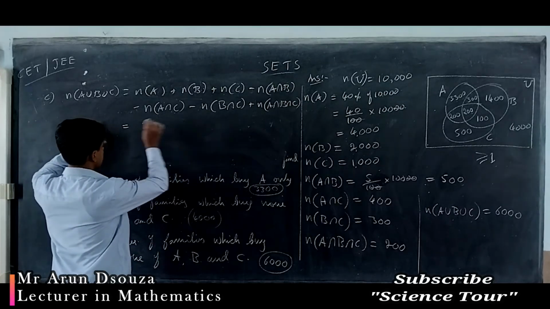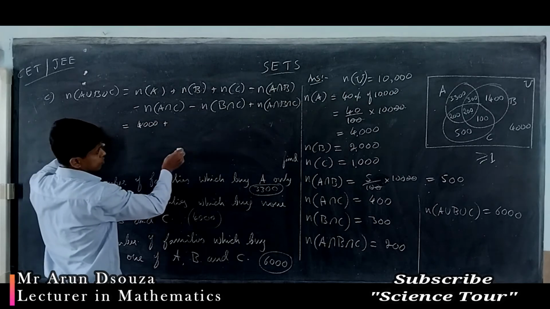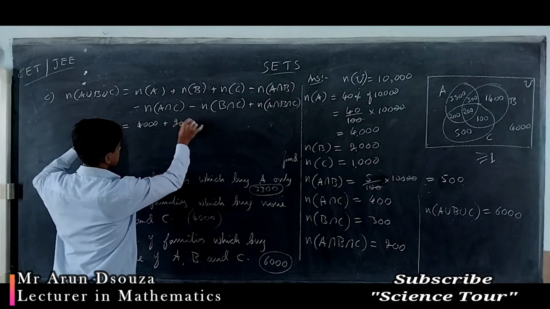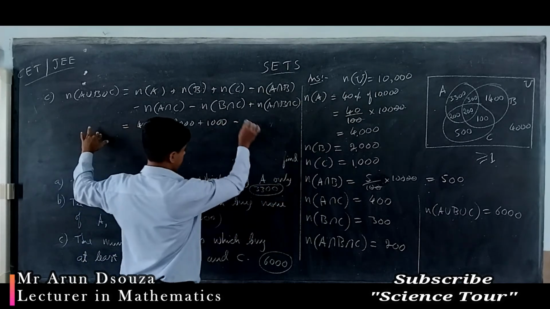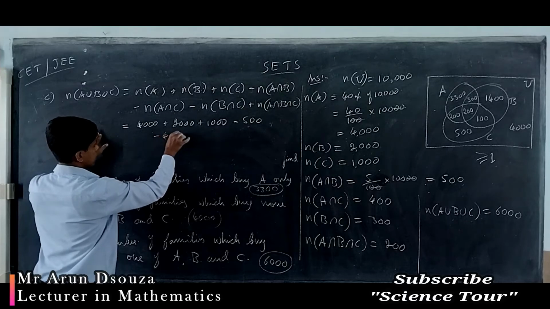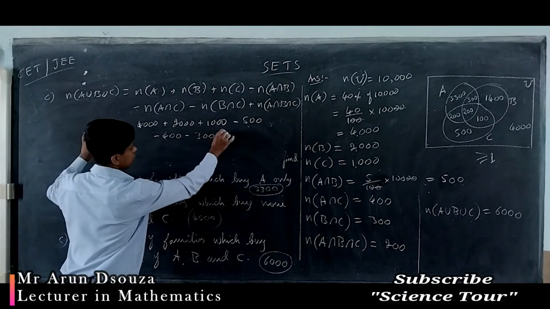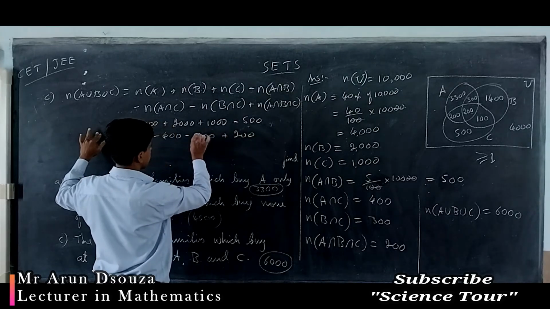So what is n of A? n of A is 4000, plus n of B is 2000, and 1000 minus 500, minus 400, minus 300, plus the intersection of all the three, 200.